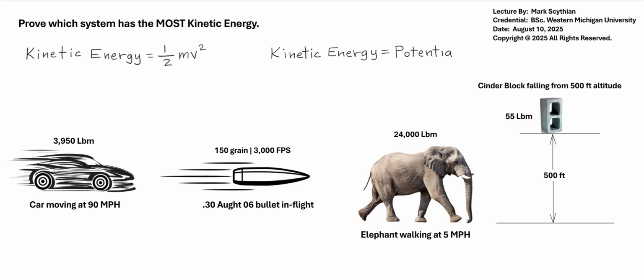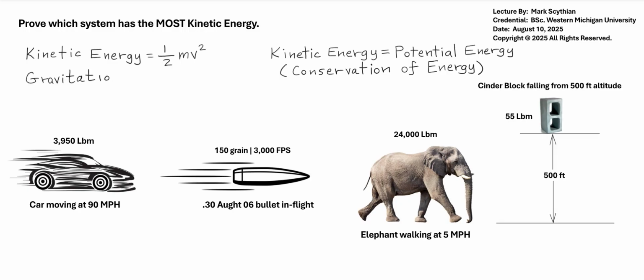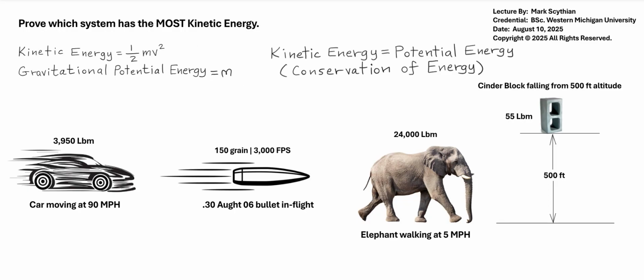And we need to know that kinetic energy is also equal to potential energy, as this observes the conservation of energy, which states that energy cannot be created or destroyed, but only changed in form. So in this case, we'll access the gravitational potential energy equation, which is mass times gravity times height.